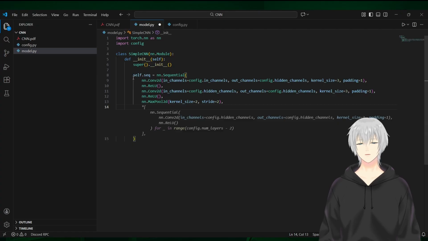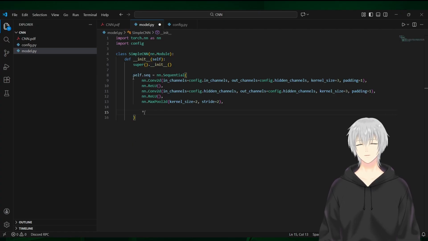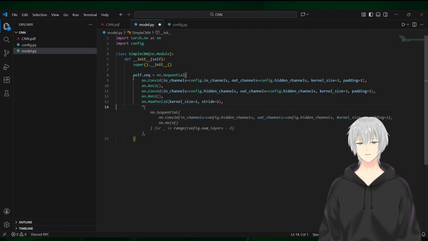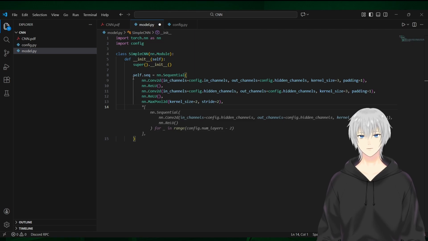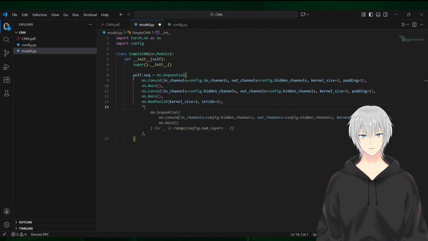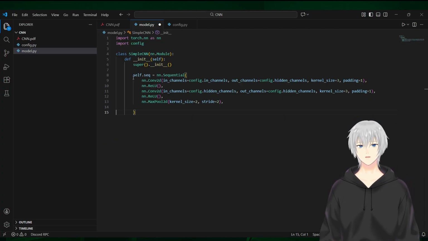Because after we do a max pool, we... what is this? Wait, what's this suggestion? That's not making any sense to me.